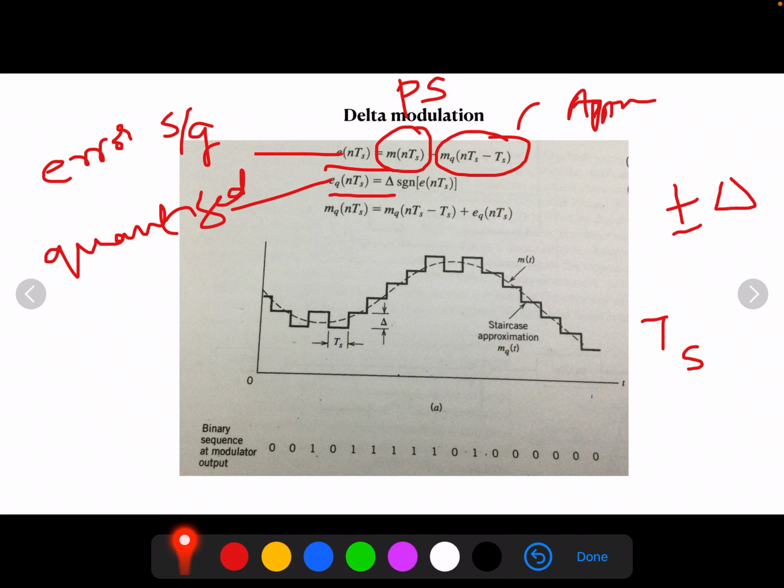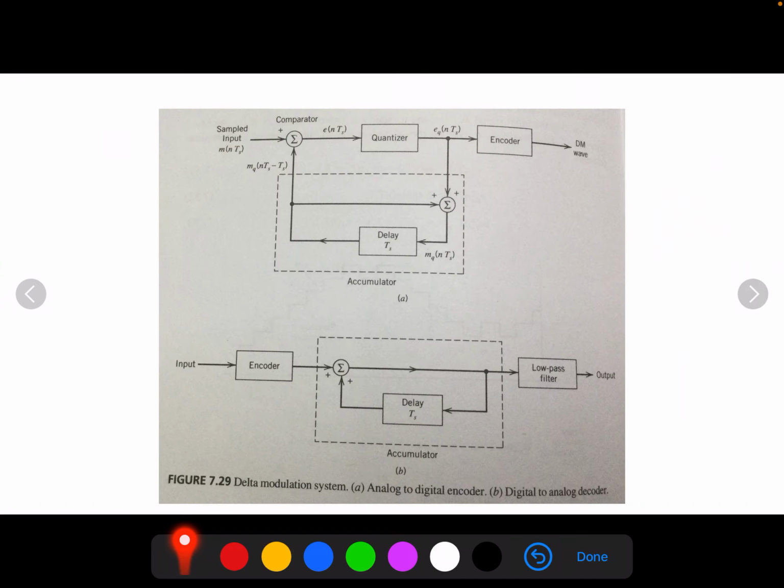It may be generated by applying the sampled version of the incoming message signal to a digital encoder that involves a comparator, a quantizer and an accumulator. The accumulator in turn has a delay element and a summation.